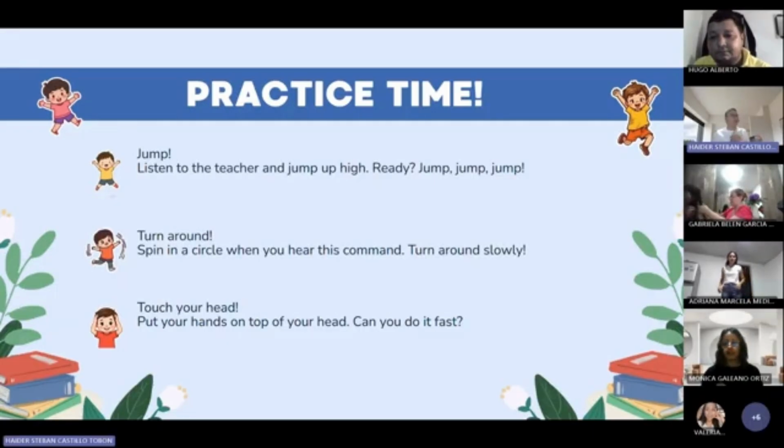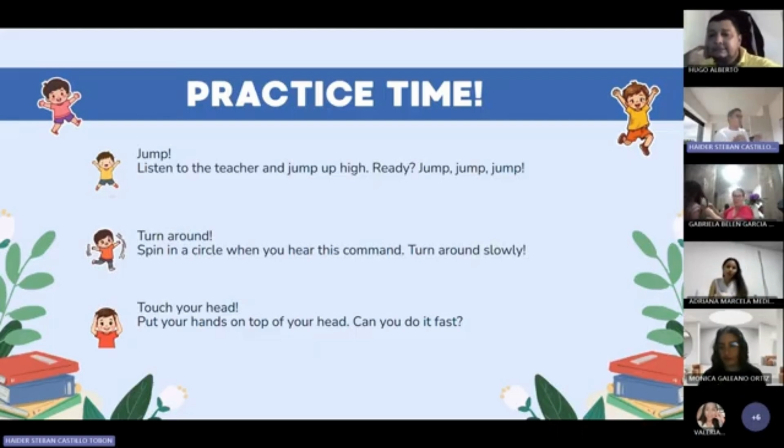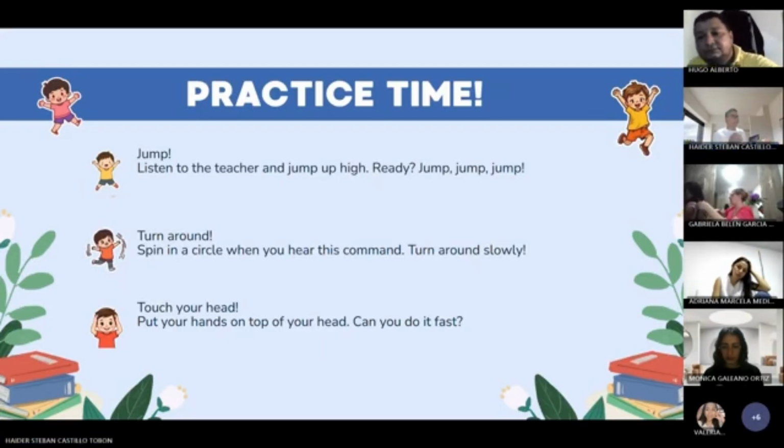When you go to the bus, go to the job, or make different activities in your house and with your children or familiars. You can use these words in English for these people can practice and learn with you.